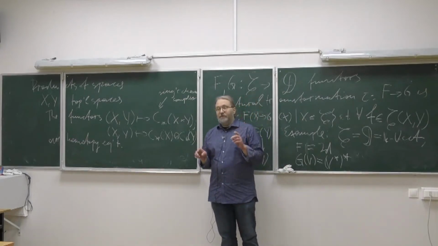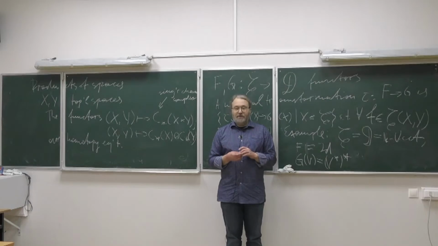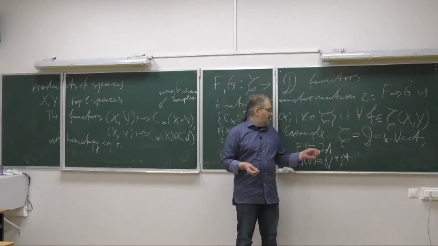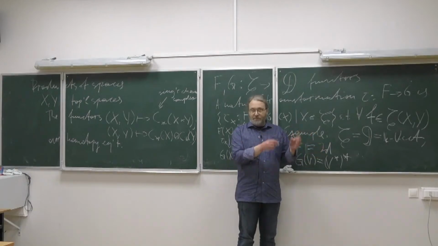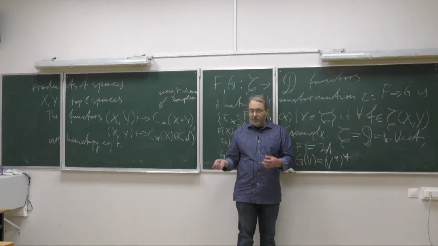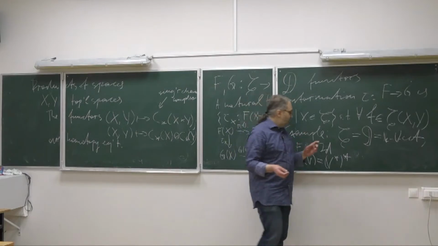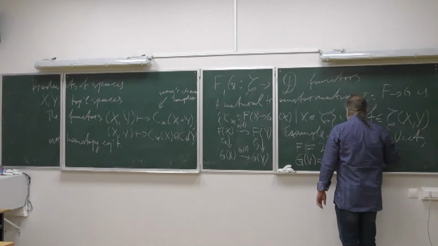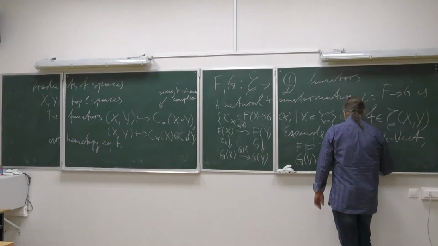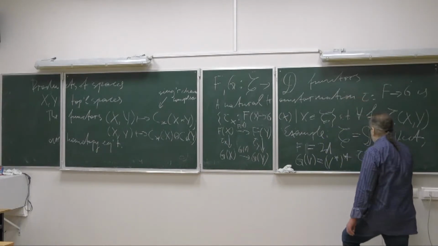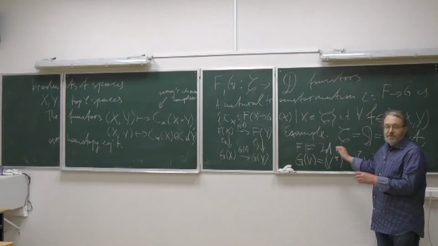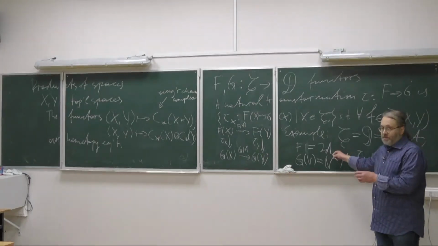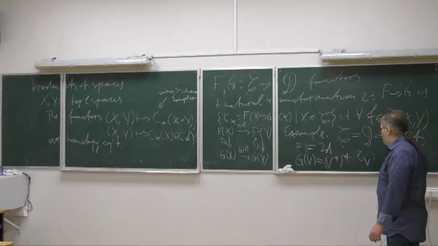Now, we know that for finite dimensional spaces there is a natural isomorphism between a space and the double dual. But for infinite dimensional spaces, the double dual is quite a bit larger than the space itself.